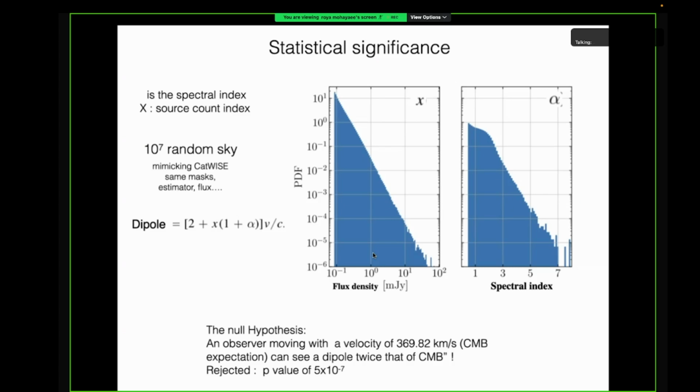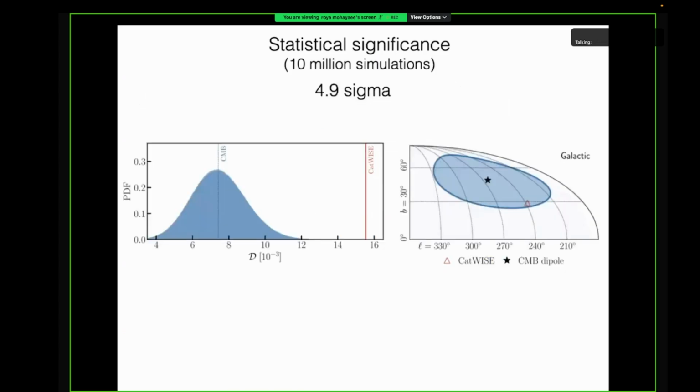And then we asked, do we observe the same dipole or not? We did this 10 million times, just to see whether this result was a statistical fluke or really significant. An observer moving with the velocity of the CMB: does it give me the dipole that I see in the quasar data? This is the dipole I see in the quasar data.